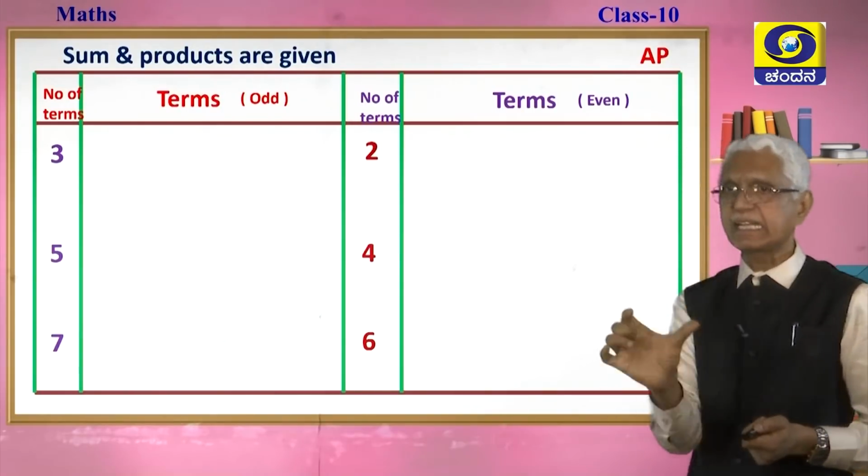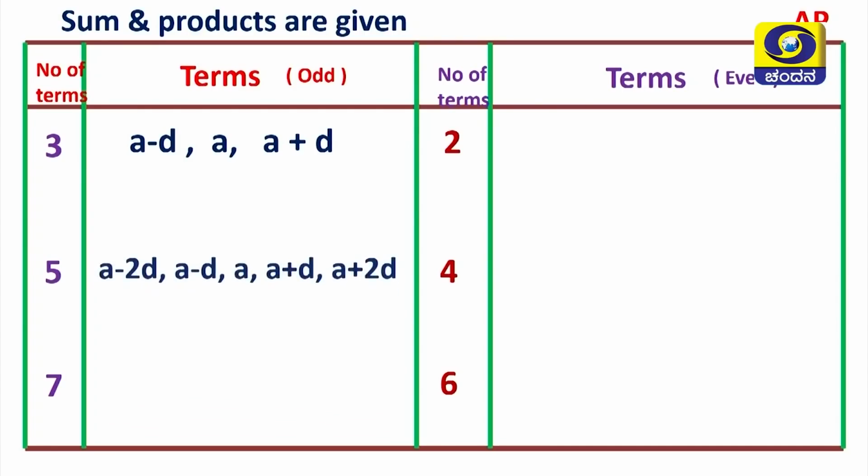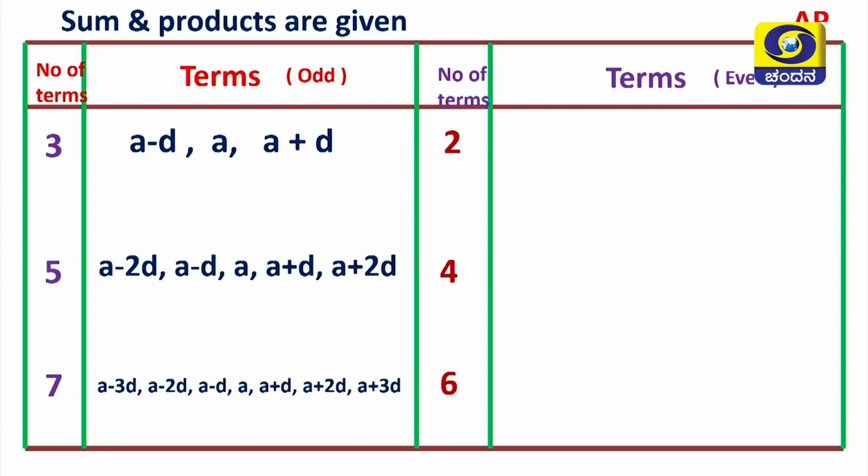If there are 3 consecutive terms, how will I take? A minus d, a, a plus d. If there are 5 terms, a minus 2d, a minus d, a, a plus d, a plus 2d. Similarly, for 7 terms you can write a minus 3d, a minus 2d, a minus d, a, a plus d, a plus 2d, a plus 3d. Okay, this is just to give you an idea.